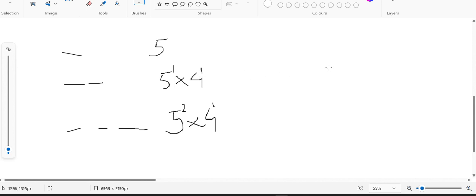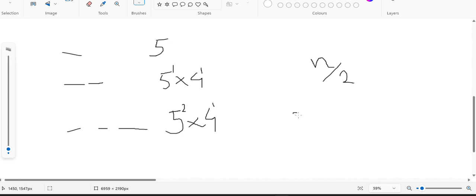The power of 4 is always n by 2. Whatever is left from n, I give n by 2 to 4, so n by 2 will be the power of 4.